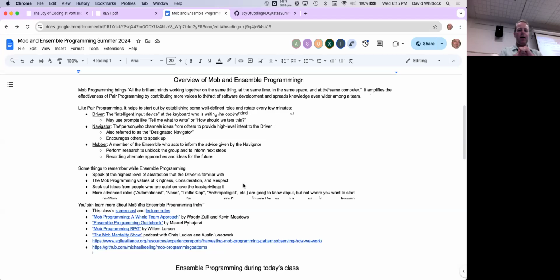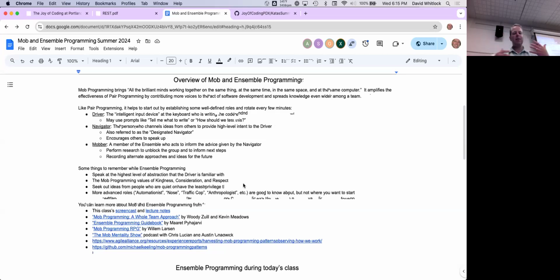So there's a driver, who is the person whose hands are on the keyboard and is writing the code. They're the intelligent input device, meaning that their responsibility isn't to think about the problem, it's to implement it. And they are being guided by the navigator. The navigator is the person who is providing instruction, providing cues to the driver on what to write, what to produce.